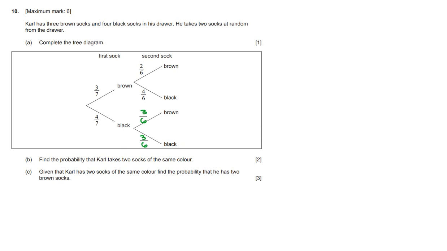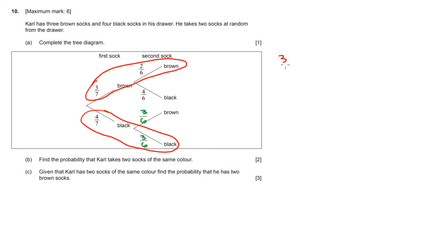Okay, part B says find the probability that Carl takes 2 socks of the same color. So that's going to be this branch, because that's brown and brown, or we're going to get black and black. So it's either going to be one of these two. So I'd want to put this work in our answer box that's going to be underneath here, right?